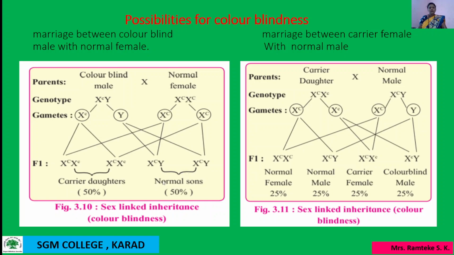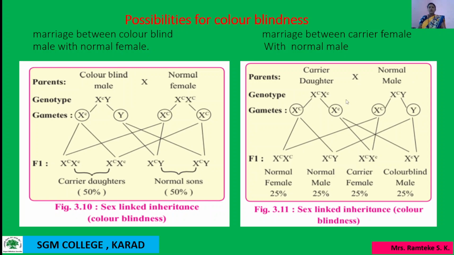So this is the possibility: normal sons 50% and carrier daughters possibility 50%, okay. Then this is the sex-linked inheritance, that is color blindness, okay. Also see again here both the parts. Then another parent, a carrier daughter and another normal male.